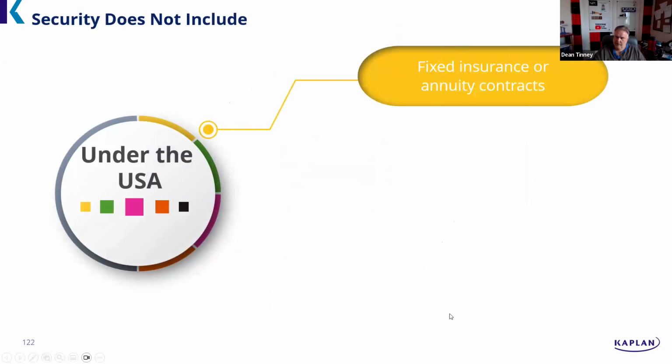Now on the test, insurance products are what we call non-securities products. Now, that's important because that means they have a different regulatory framework. What I mean by that is it's not the state administrator who protects me from insurance agents.